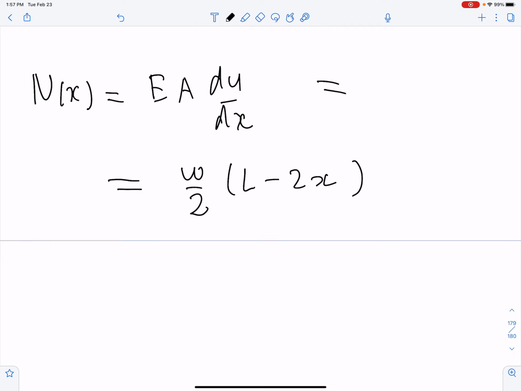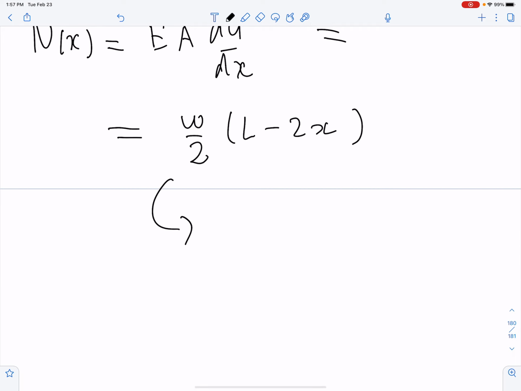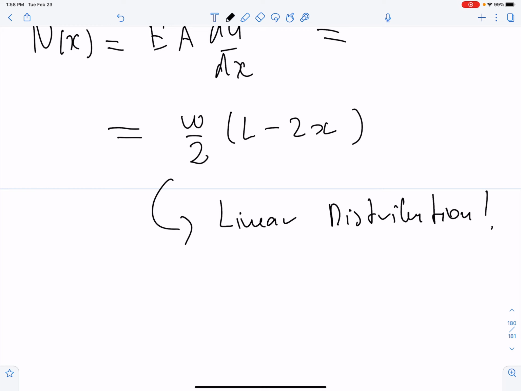So note, the distribution is linear. Okay, so no longer constant, right? So you can't say whether your element is in tension or in compression. You can ask that question, and the answer is it depends where you sample the force.